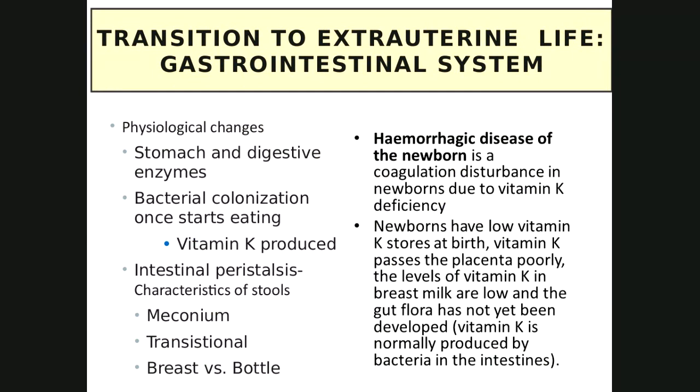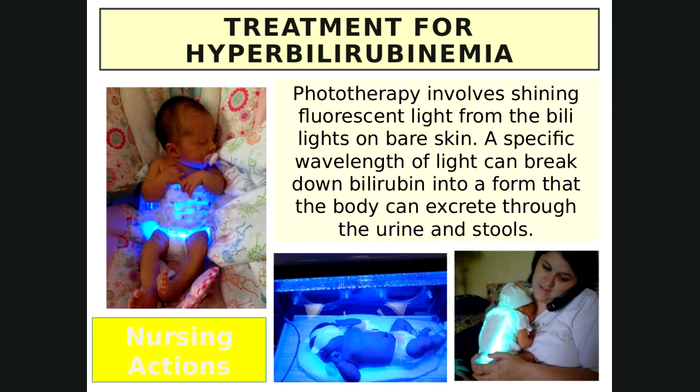I'm going to go back to the slide for a second. Okay, what are your nursing actions? I highlighted this for a baby who is getting phototherapy for hyperbilirubinemia. What do you think your nursing actions are going to be? And some of it, if you just look here, you'll kind of know.